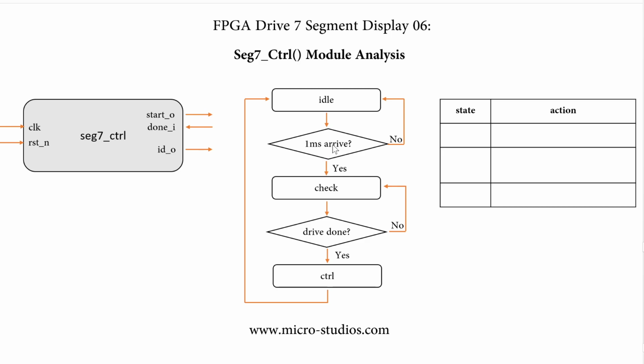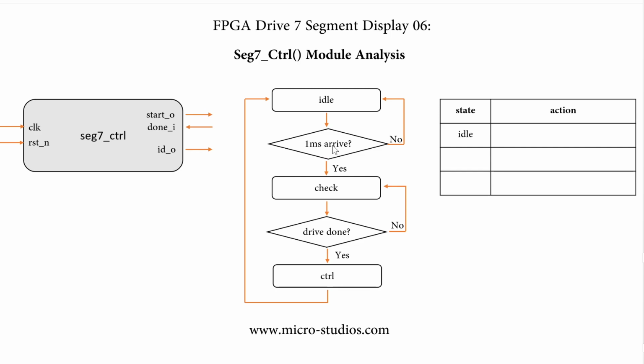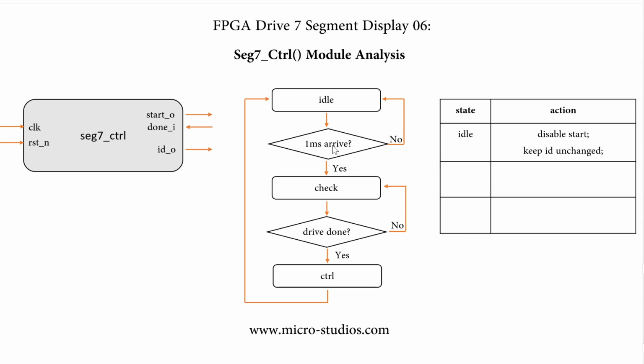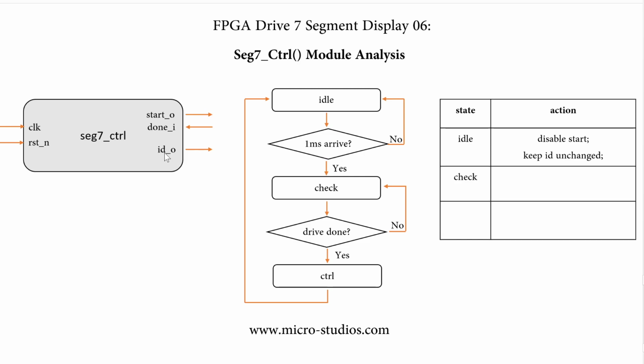Okay, so let's take a look at the state table. The first state, of course, is idle state. In this state, we disable the start signal. We keep the ID unchanged. We keep the old value inside the ID. The next state will be check state.